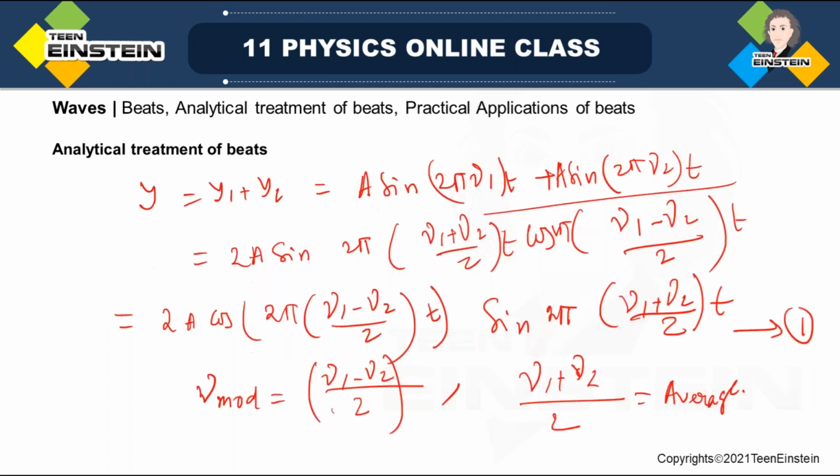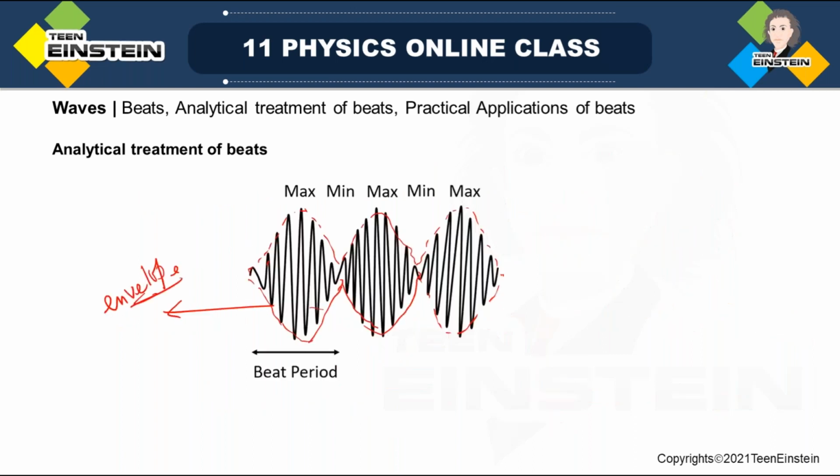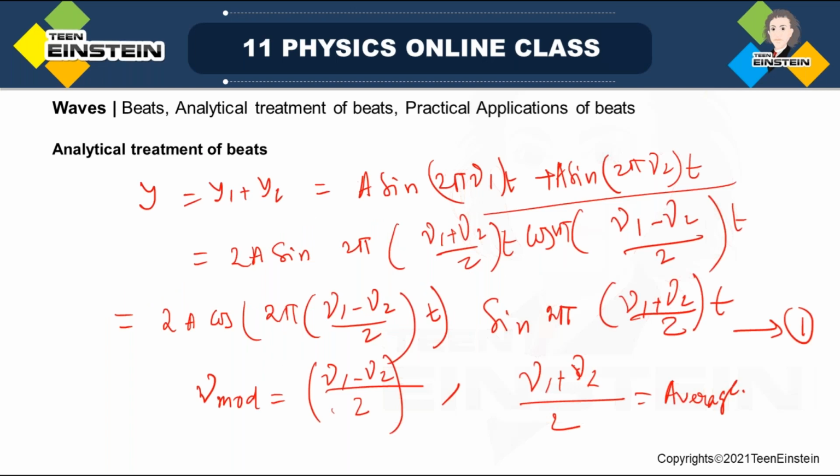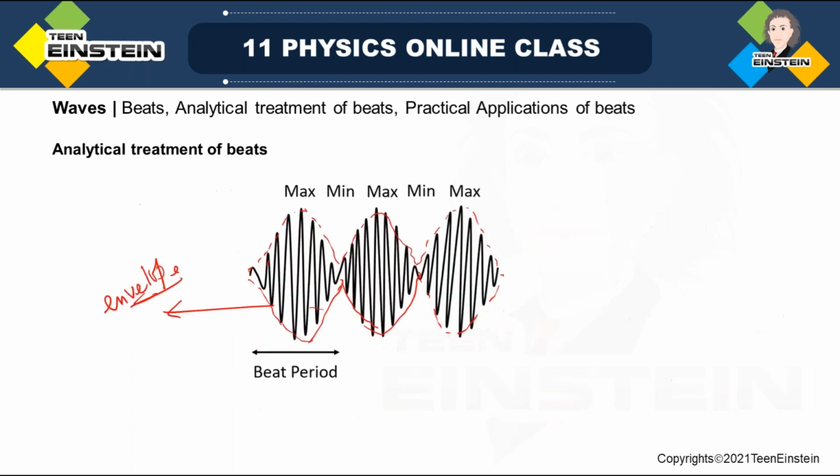In fact, nu mode is the frequency of that envelope part, and (nu1 plus nu2)/2, that is called average, that is representing the frequency of the rapidly varying part.